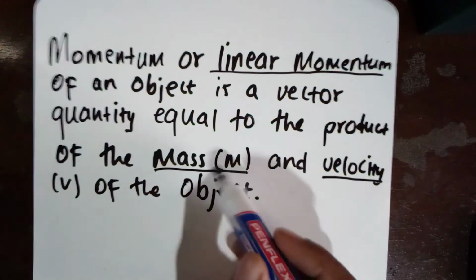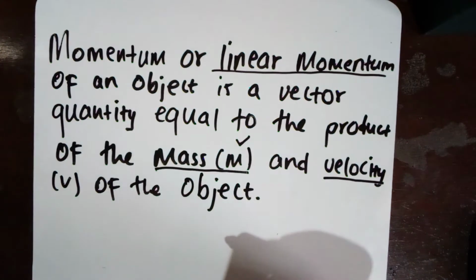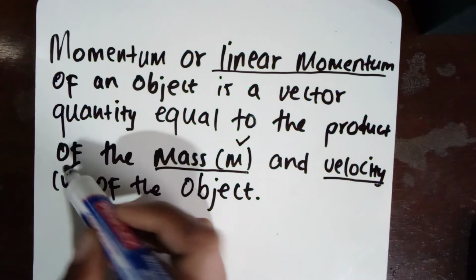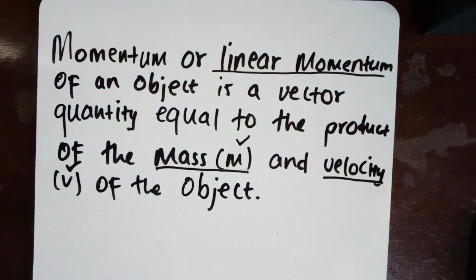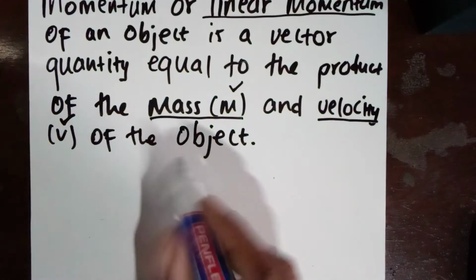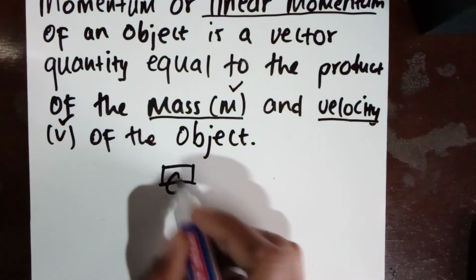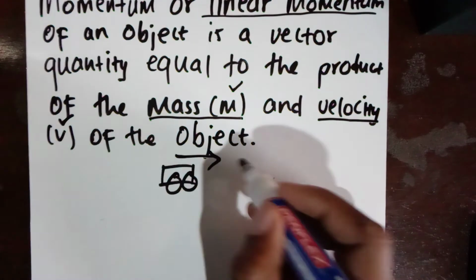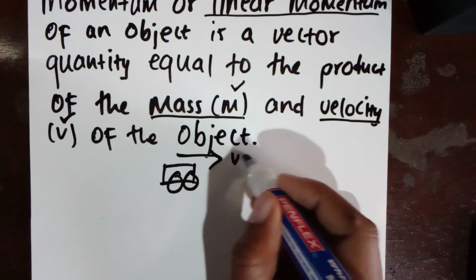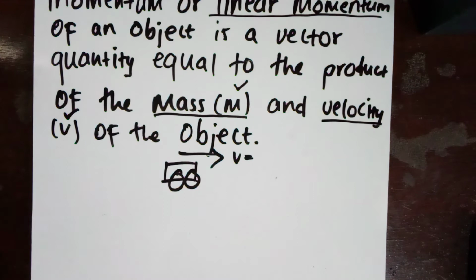The symbol for mass is m, and the symbol for velocity is v. So momentum only applies to moving objects. For example, if a car is moving, we show that by drawing an arrow, which is the velocity.